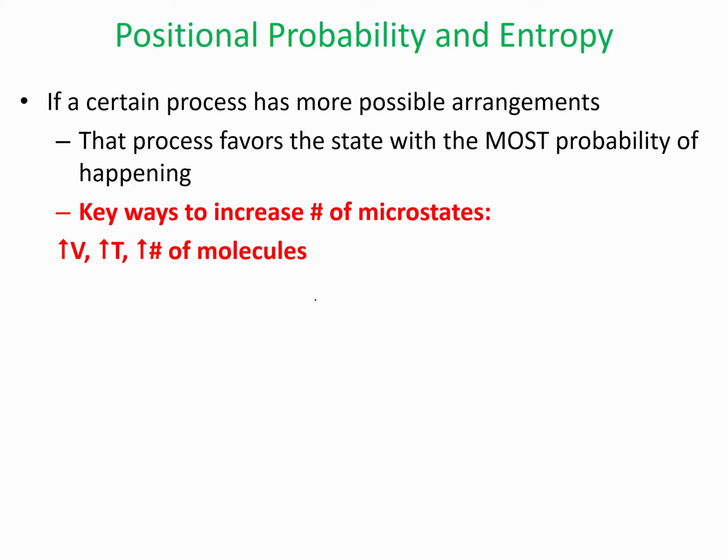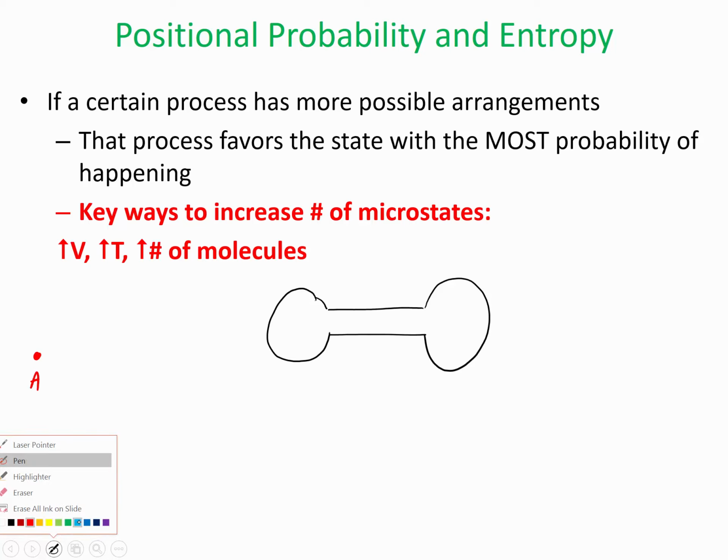To illustrate what a microstate is, we'll use this flask, or this tube with bulbs on it. Let's say we have two gas molecules, molecule A and molecule B. Let's say the state that's favored is the one that's most mixed.